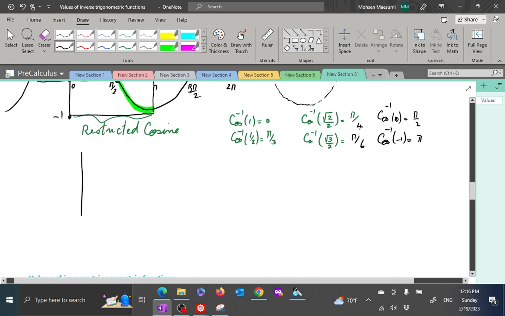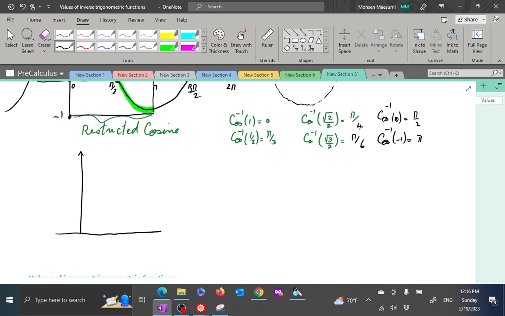Again, to get this drawn easily, think about doing x equal to cosine of y. That is the cosine, a trig function, wrapping itself around.